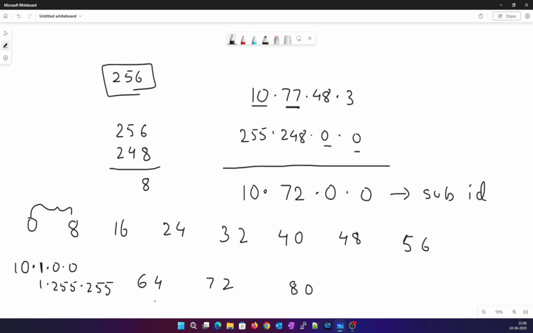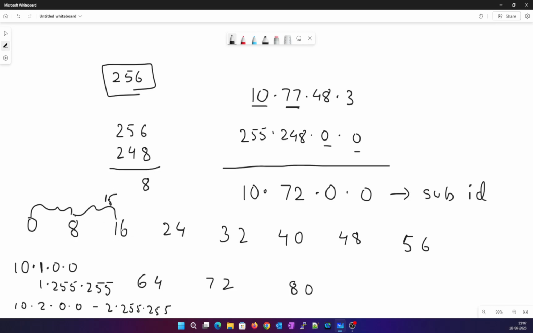Then the next subnet range would be 10.2.0.0, and it will go up to 10.2.255.255. Similarly, this subnet value would go from 1 to 7, because this 8 is the subnet ID for the subnet range from 8 to 15.